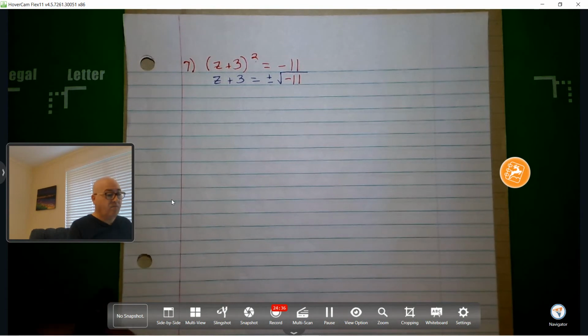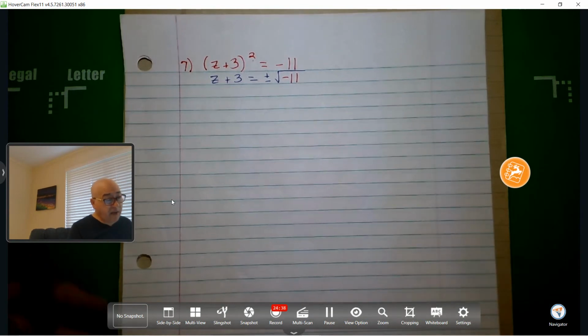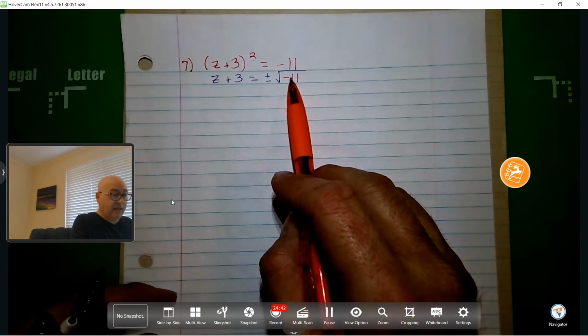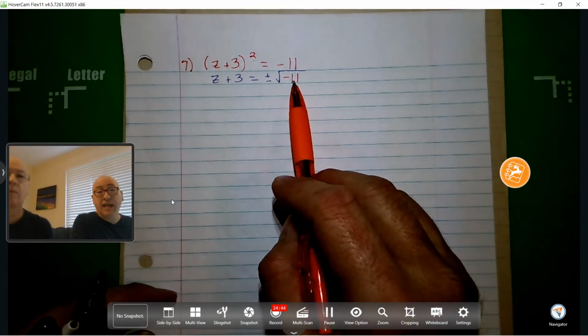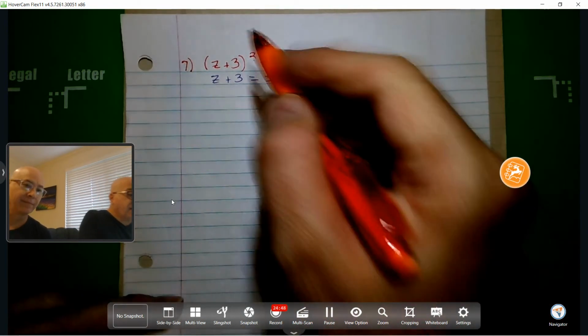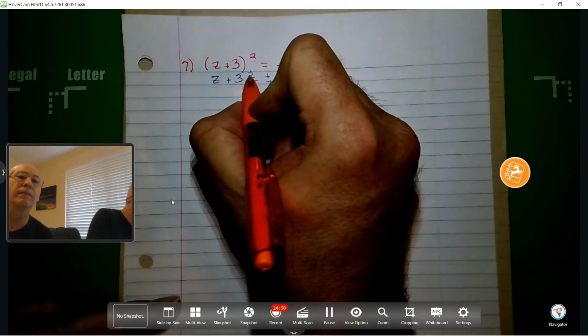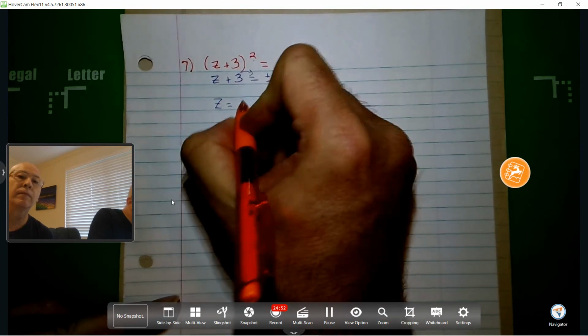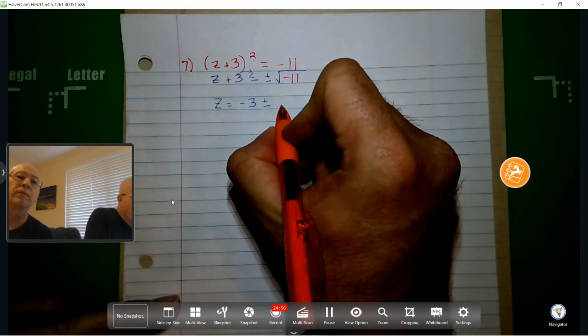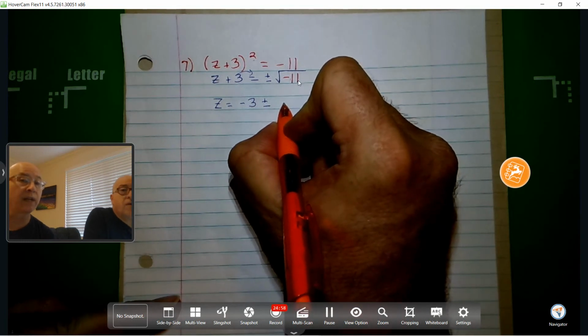There's a couple of things we need to do here. We need to simplify the square root of negative 11, and we need to get the z by itself. I'm going to move the 3. That'll get the z by itself, then plus minus. Now, can you simplify the square root of 11?